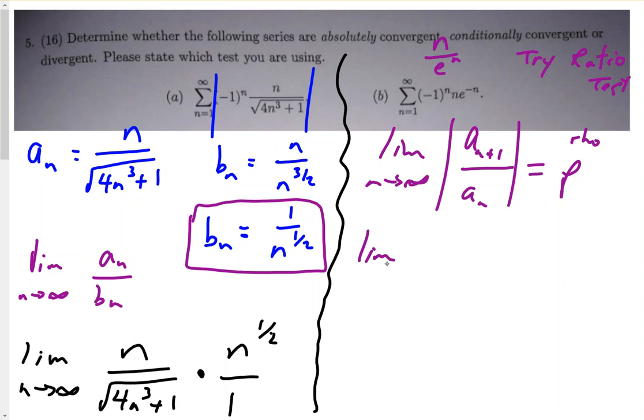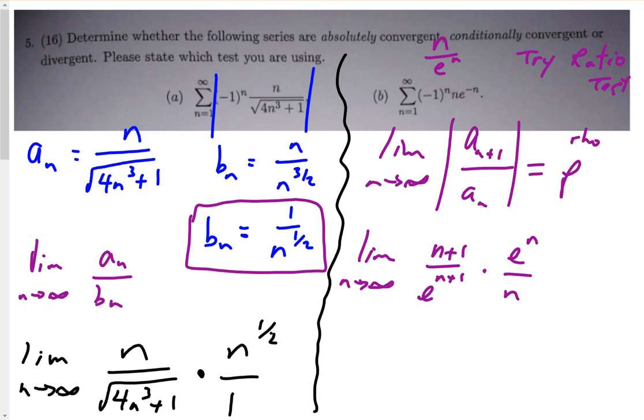So we have the limit as n approaches infinity of n plus 1 over e to the n plus 1 times, now I'm going to divide by a sub n, but instead of dividing by this fraction, multiply by its reciprocal, so multiply by e to the n over n.